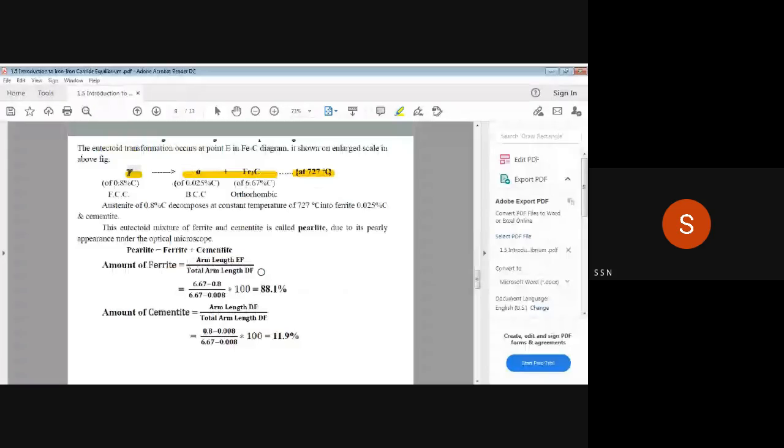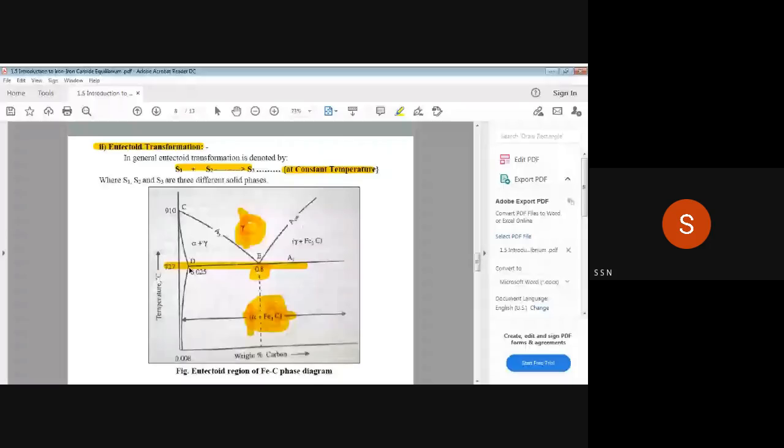The percentage of carbon for the alpha in that transformation will be 0.025%. See here, 0.025. At this D point, the phase will be alpha ferrite, and that is a solid phase.